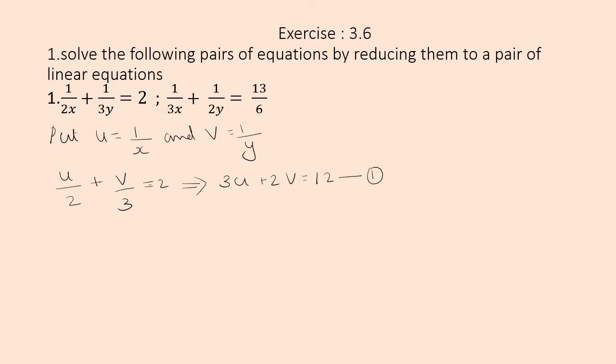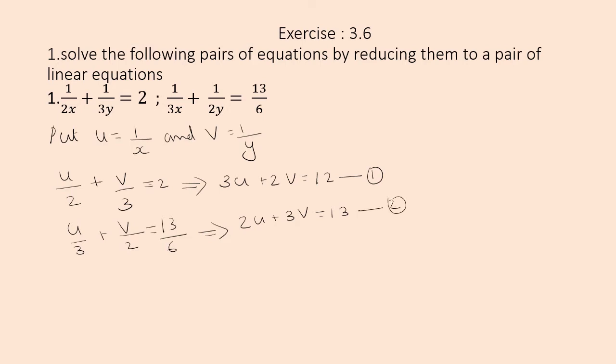In the same way, the second equation becomes u upon 3 plus v upon 2 equal to 13 upon 6. You can take the LCM on the LHS, that is 6. So you will get 2u plus 3v upon 6, which you take to the RHS, so you are getting 13 because 6 and 6 get cancelled.